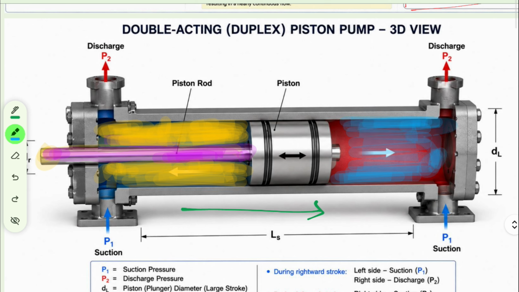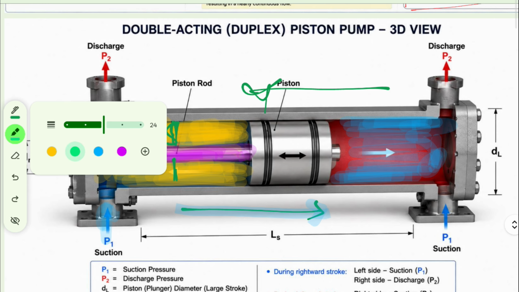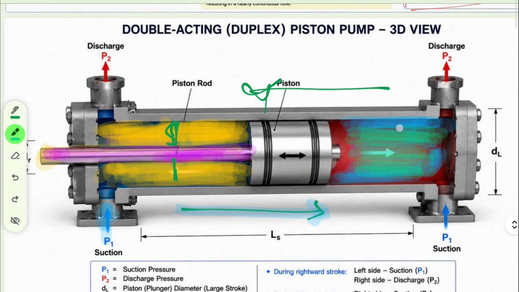when the piston is moving in the forward direction, they are sucking only this much amount of volume, this volume and this volume. But when they are moving in the backward direction, they are able to suck this much amount of volume. This is how the things are there.